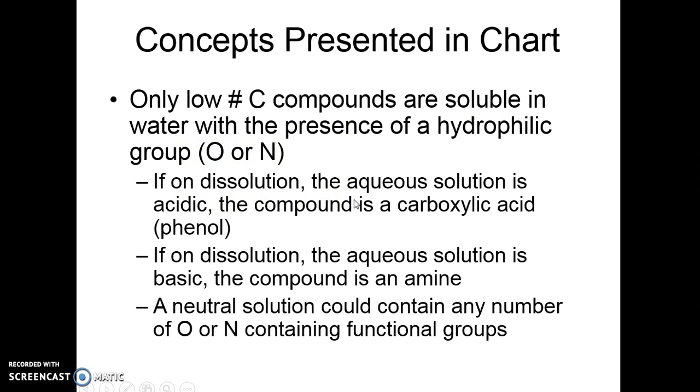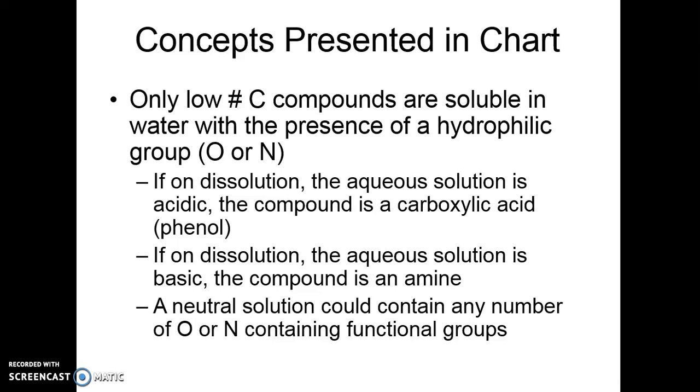If you do get a compound to dissolve, one thing that you want to do is test it to see if the solution that it forms is either acidic or basic. If it's acidic, then you feel pretty confident it's either a carboxylic acid or a phenol. If it's not acidic, it doesn't necessarily rule out a phenol, because phenols are weakly acidic, and sometimes litmus paper doesn't actually show the acidity of a phenol when dissolved in water.